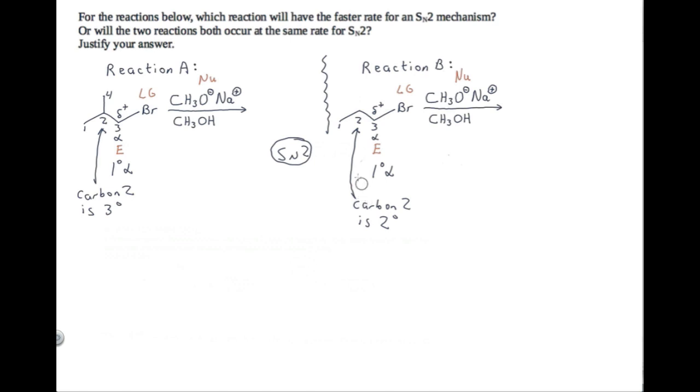Well, since there are fewer carbon chains around carbon-2 in this picture, there's less likelihood that these carbon chains can get in the way and block the nucleophile from attacking carbon-3. So, for example, in this picture, it's possible that sometimes carbon-1 is going to rotate into a position where it blocks carbon-3 and makes it difficult for the nucleophile to attack carbon-3.